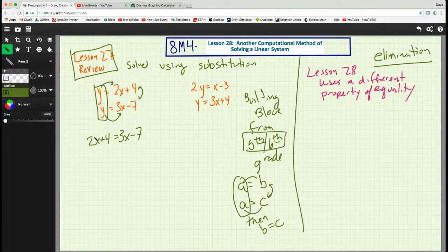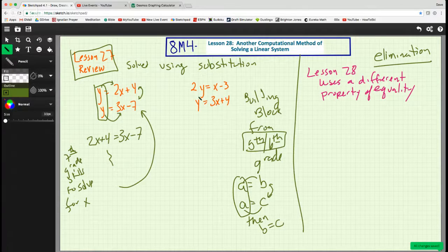And then we could use our 7th grade algebra skills to solve for x, and then come back and take our answer and solve for y. Okay, we can remember that from lesson 27.